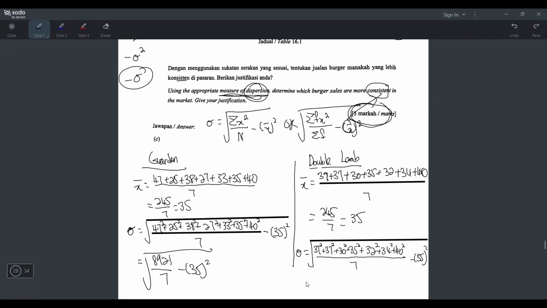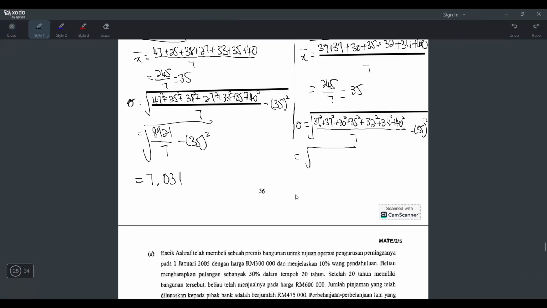All right, so now square root. I will not straight away give them the final answer. I will write down the sum over 7 minus 35 square, then on the next line give the final answer. So let's press 37 square plus 37 square plus 30 square plus 35 square plus 32 square plus 34 square plus 40 square.